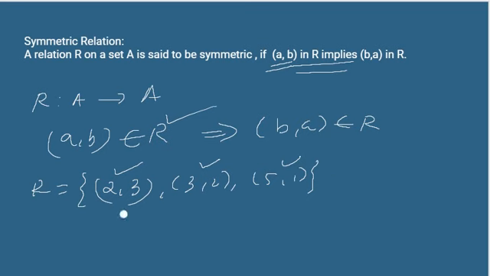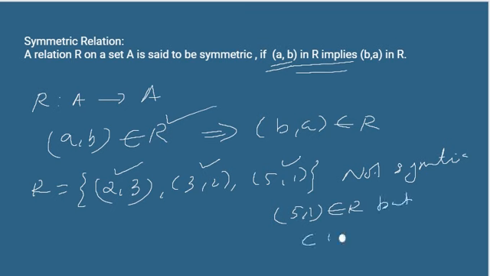So what can you say? This relation R is not symmetric, since (5, 1) is present in R, but (1, 5) is not an element of R. Clear? So if (a, b) is present, (b, a) must be in that relation.